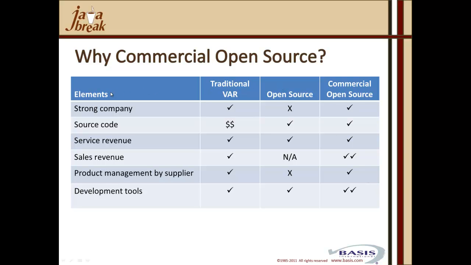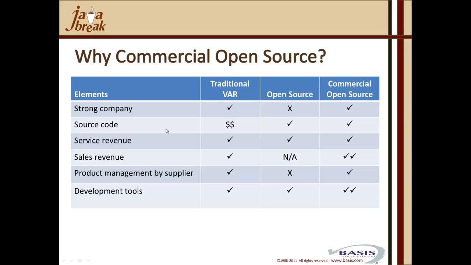Let's have a look at some comparisons on why one would consider using this commercial open source approach. Let's look at the elements of a traditional ERP type partner program. You often have a strong company in a traditional VAR environment that is certainly present. Open source is perhaps more of a loosely coupled cooperative effort from various partners with vested interests in the solution.